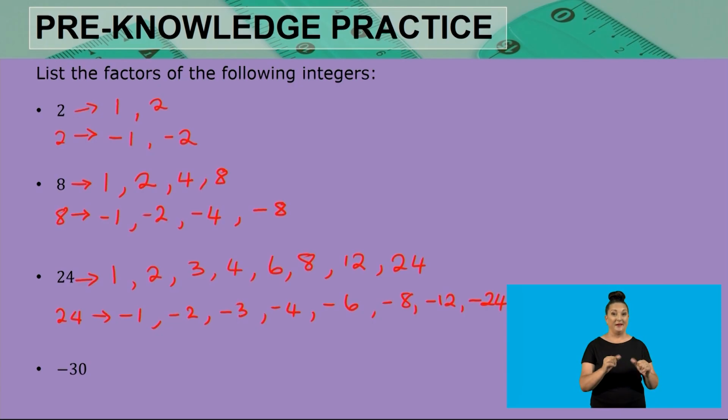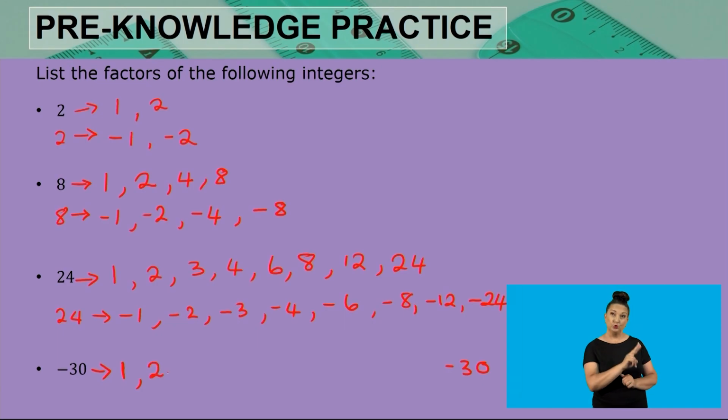Then when we're looking at a negative 30, those factors there can be a 1 with a negative 30. So for us not to get confused, I'm going to write them in pairs so that we understand there. So if I say 1 multiplied by a negative 30, that will give us a negative 30.